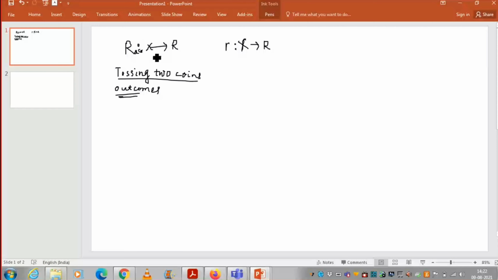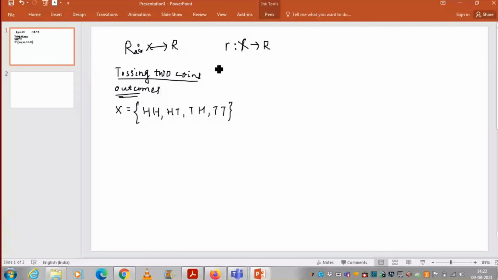You have to understand actually how it is mapping. So X is your sample space. If I am writing H for head and T for tail, then X is HH, HT, TH, TT. So there are 4 possibilities.